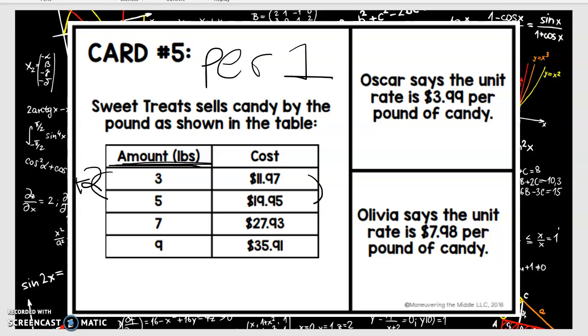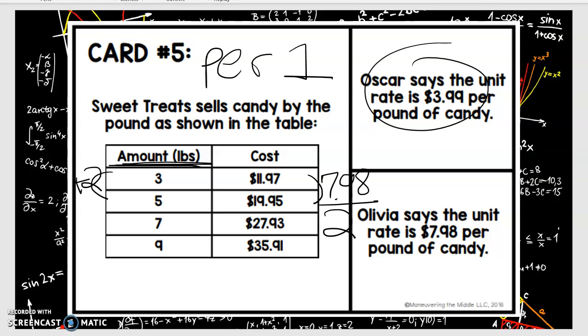From 11.97 to 19.95, it is 7.98. And when I find that 7.98, I'm like, oh, look, Olivia's correct. But this is 7.98 per 2 pounds of candy. So I want to divide that by 2, and when I do so, I get Oscar's 3.99.